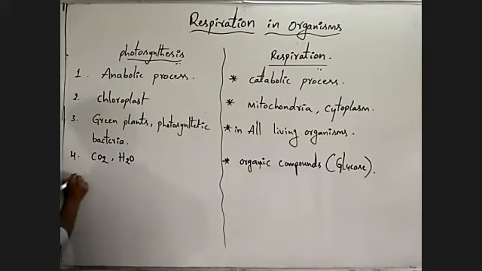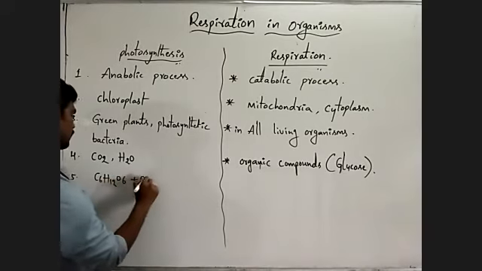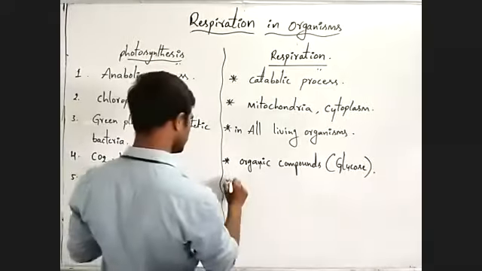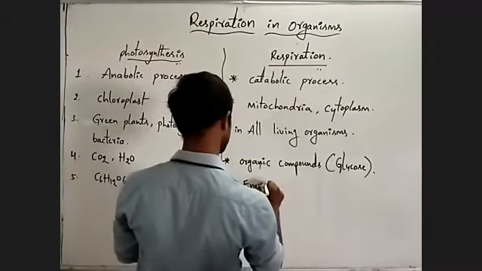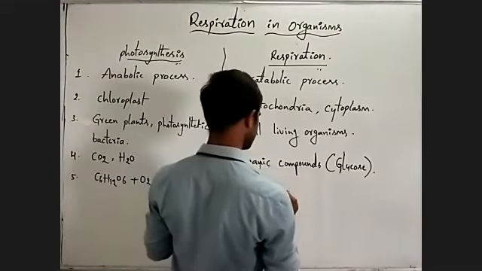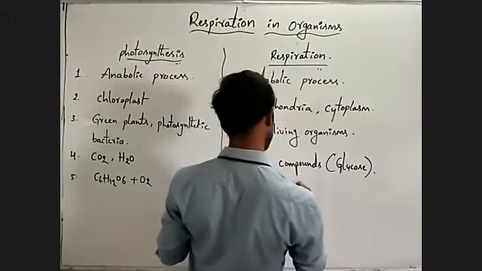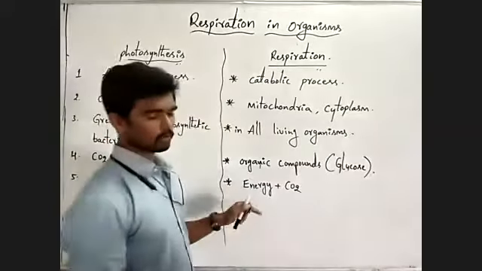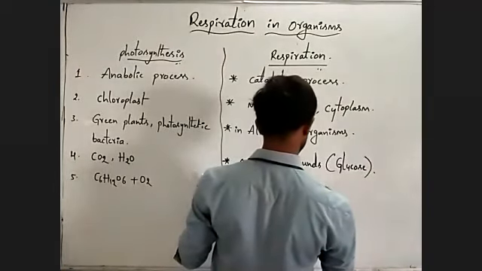Next, the end products: in photosynthesis, glucose is the end product plus oxygen. In respiration, the end products are energy plus carbon dioxide. These are important ones. In addition to carbon dioxide, water is also produced here.